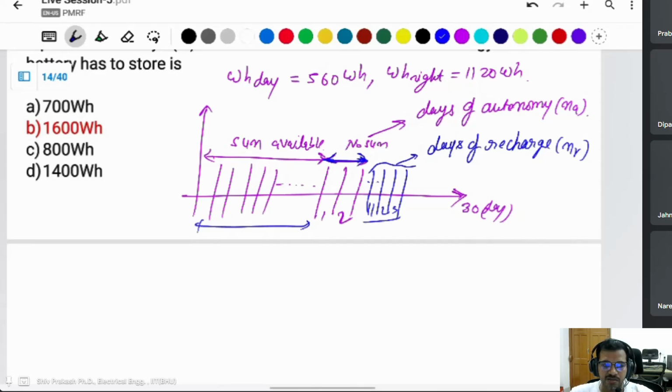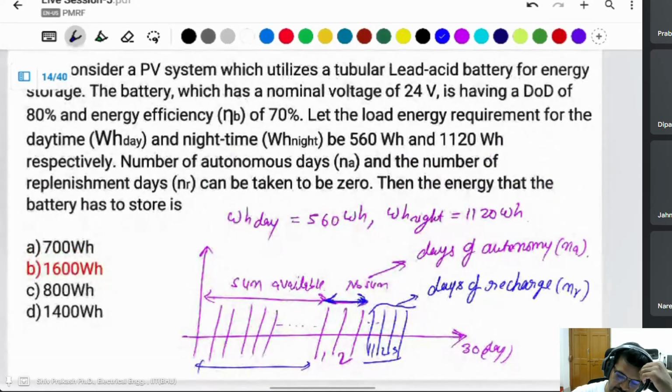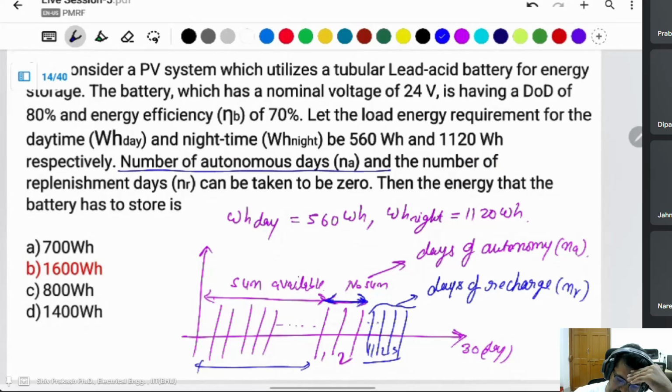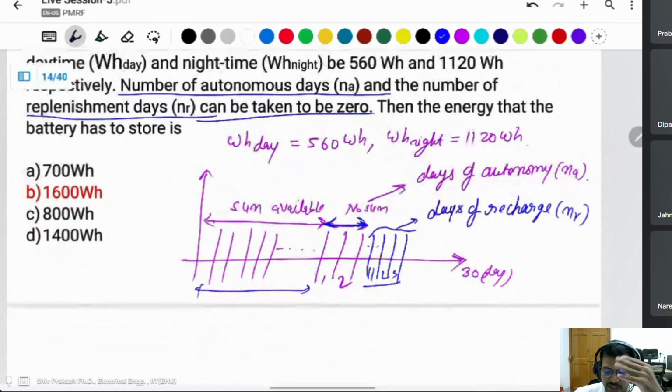That's why consumers take only 1 day or 2 days as the autonomy day for selection of a battery. But in this question, we are not considering autonomous days, and the replacement day, like a recharge day, can be zero for selection of the battery.